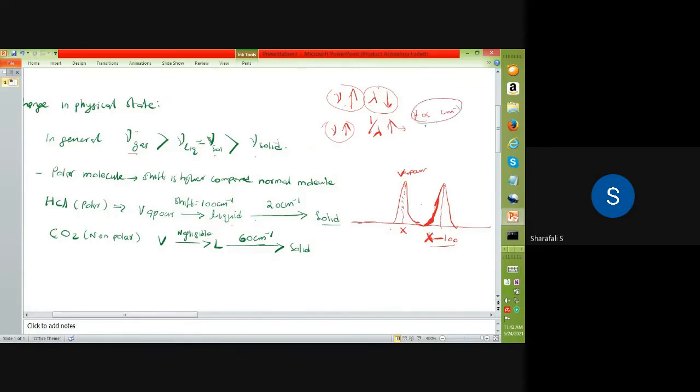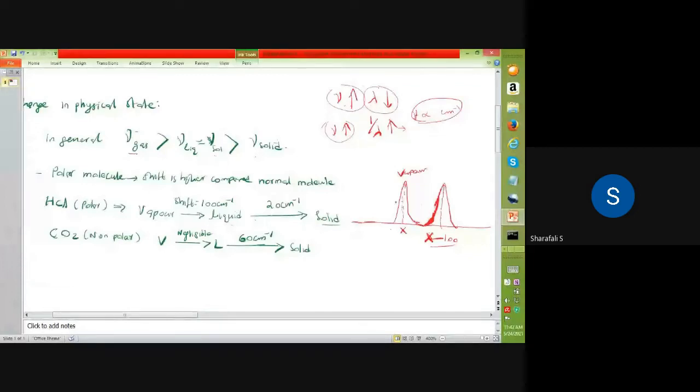If it has higher frequency of vibration, you will get a higher number in your band, a higher spectrum in centimeter inverse. So every time I talk about larger frequency, I have to take larger wave number also.